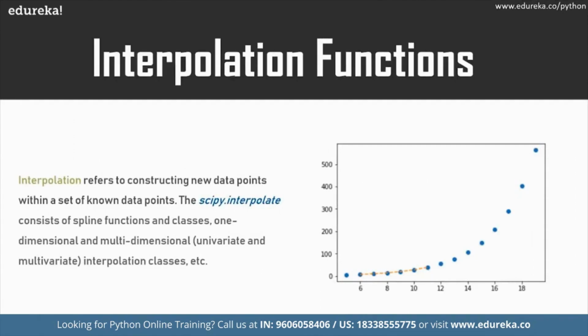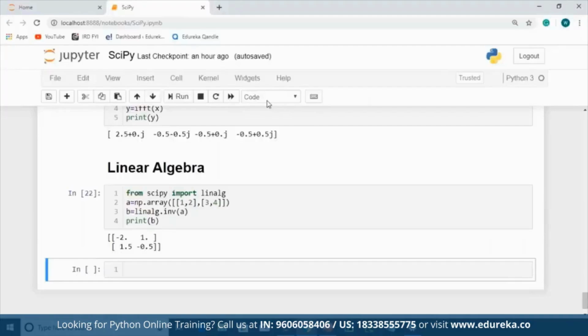The SciPy library consists of a subpackage named scipy.interpolate that consists of spline functions and classes, one-dimensional and multi-dimensional interpolation classes, etc. In today's session, I'll be showing y'all how you can solve univariate interpolation problems. Univariate interpolation is basically an area of curve fitting which finds the curve that provides an exact fit to a series of two-dimensional data points. To do this, you can make use of the interp1d function present in SciPy.